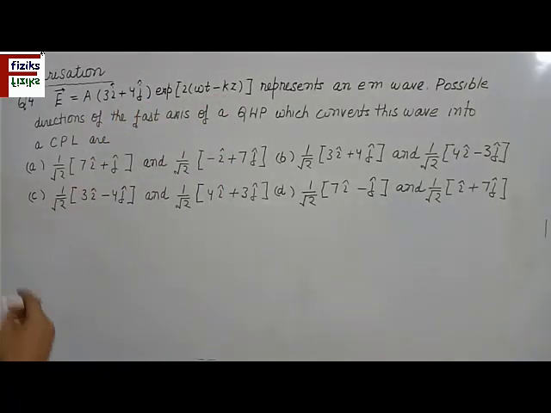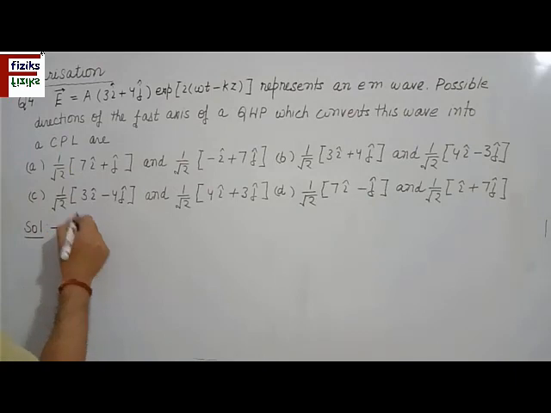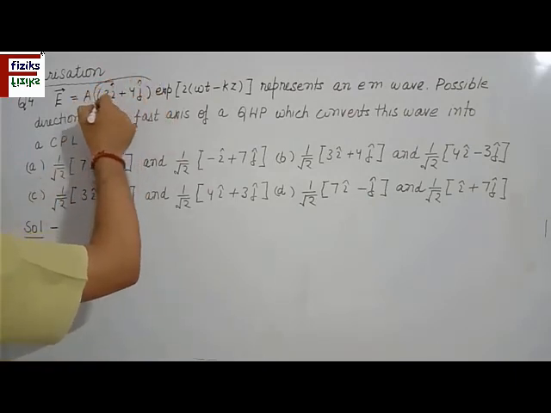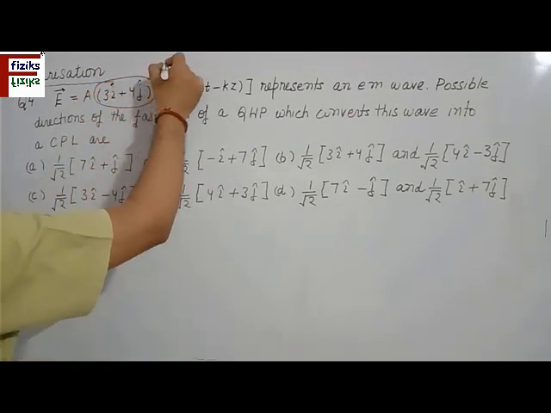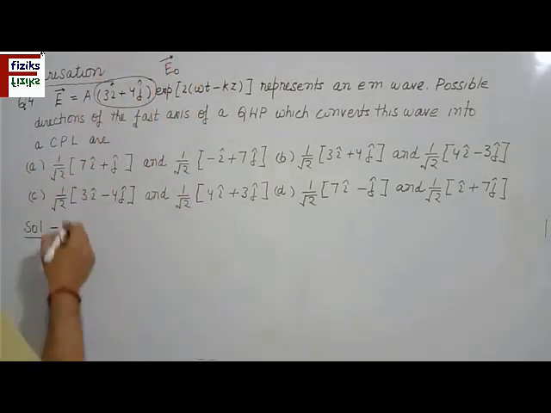So first, when I am trying to find out the correct option, I am writing this. Suppose this is the E0 direction.